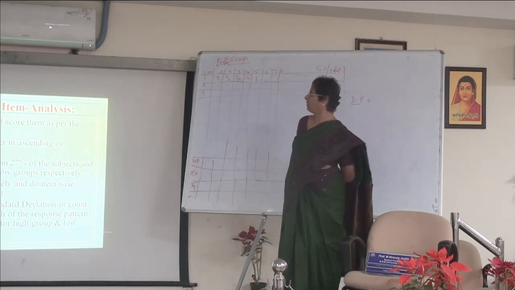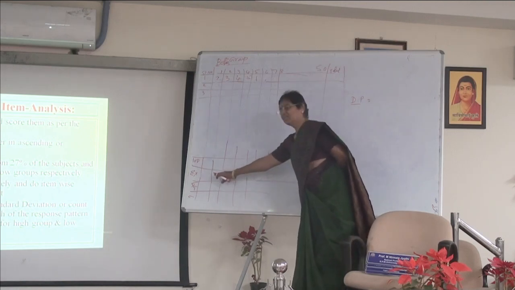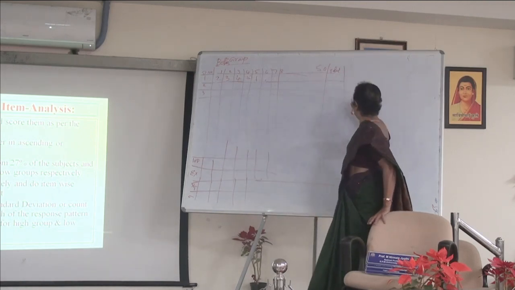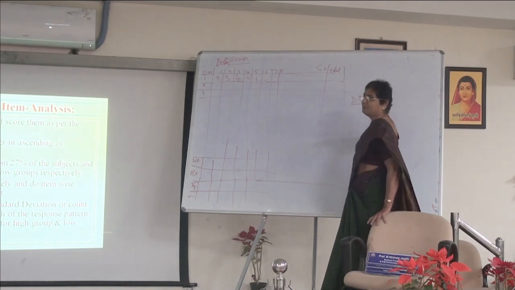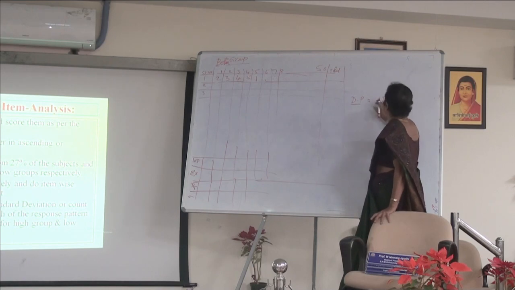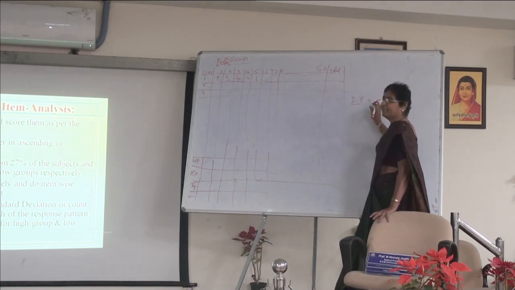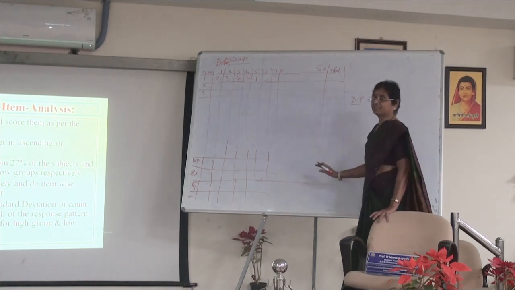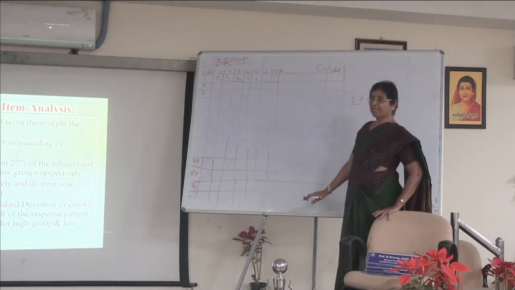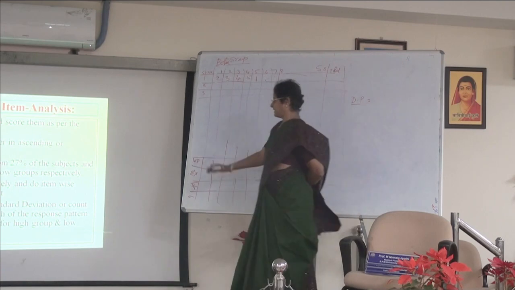Okay, so now you know the mean, and you can calculate the proportion, no? Take the proportion from the high group or the low group. The simple way is the difference between the two groups, expressed in terms of proportion. Okay? Next slide.